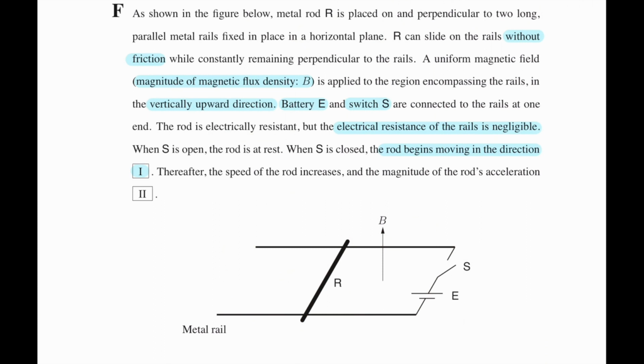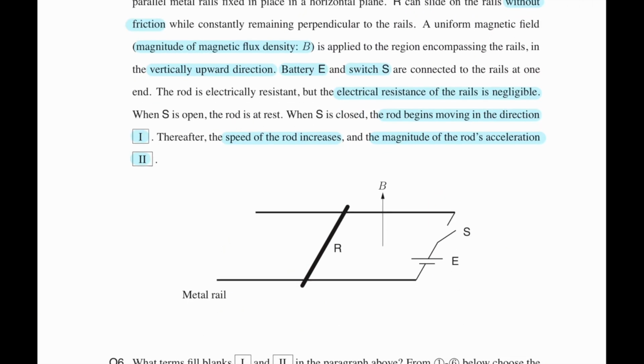Therefore, the speed of the rod increases and the magnitude of the rod's acceleration is blah blah blah. All the information in this question is already indicated in this diagram. We want to find the direction of the rod movement and the rod's acceleration.